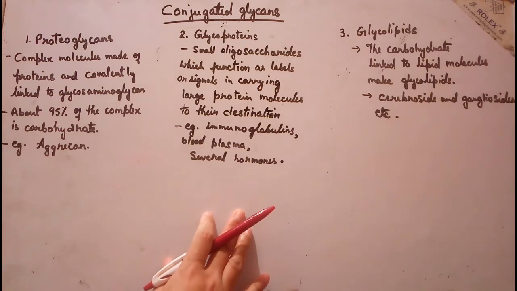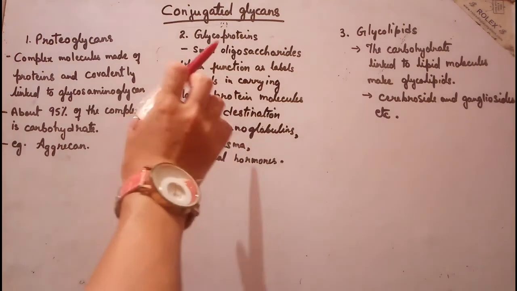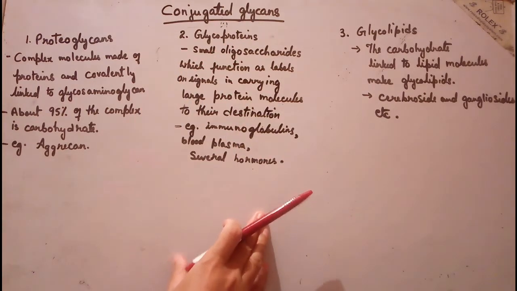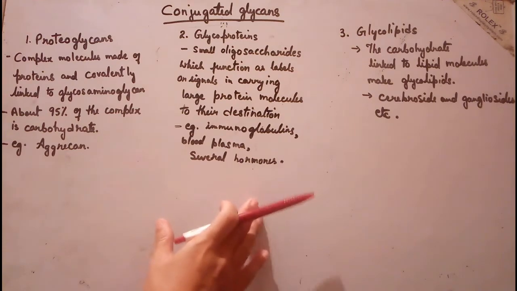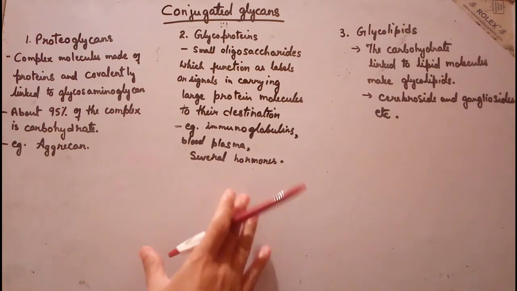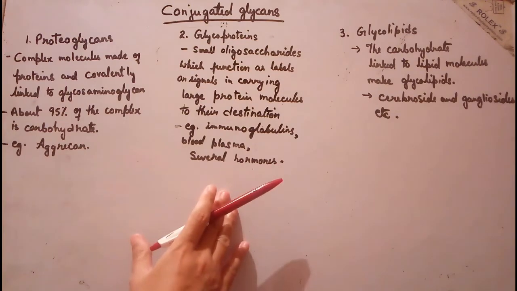These conjugated forms are known as conjugated glycans, and they are of 3 types: proteoglycans, glycoproteins and glycolipids.